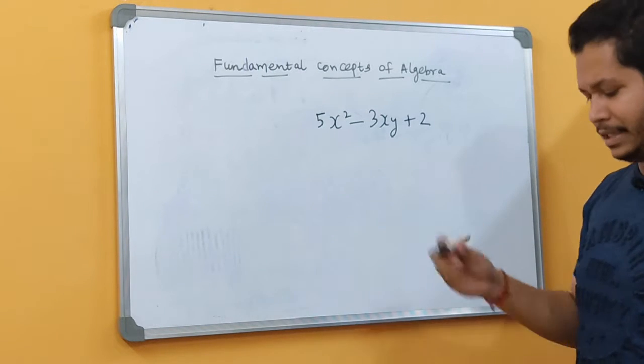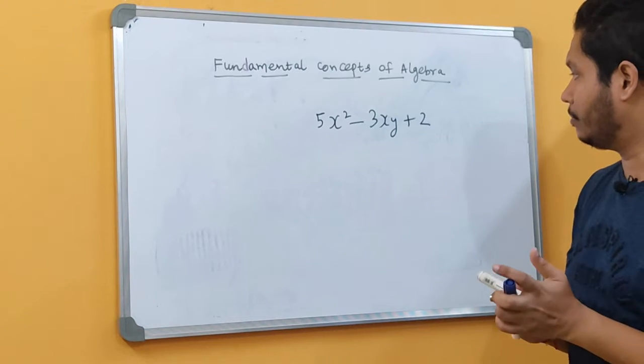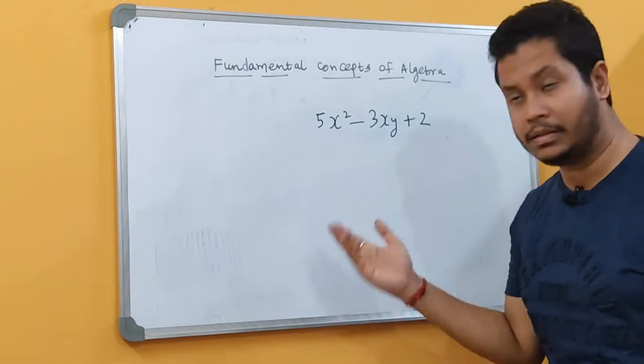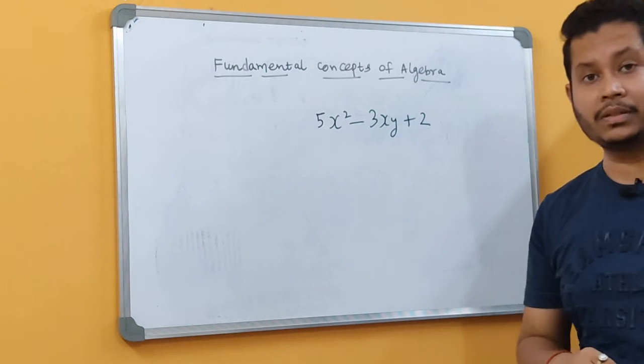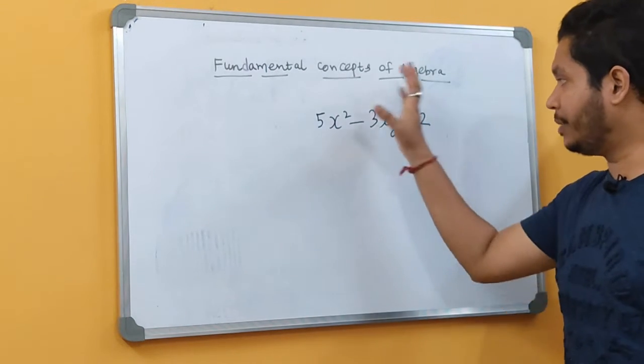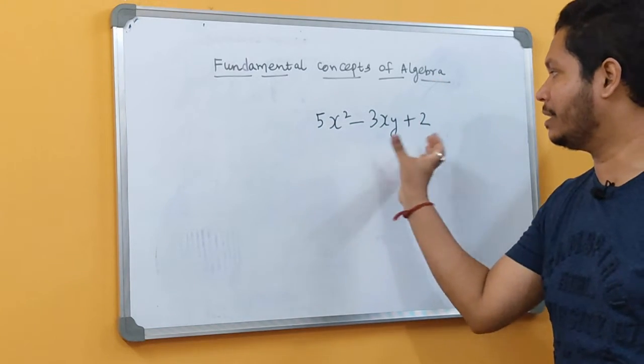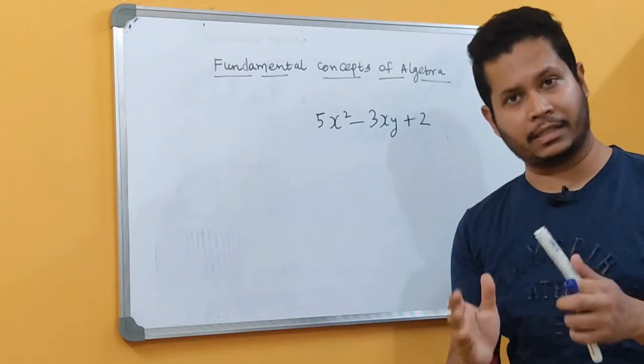Here you can see what things I have used: numbers, variables, and fundamental operators as well. The combination of all these things written in a particular relation is called an algebraic expression.